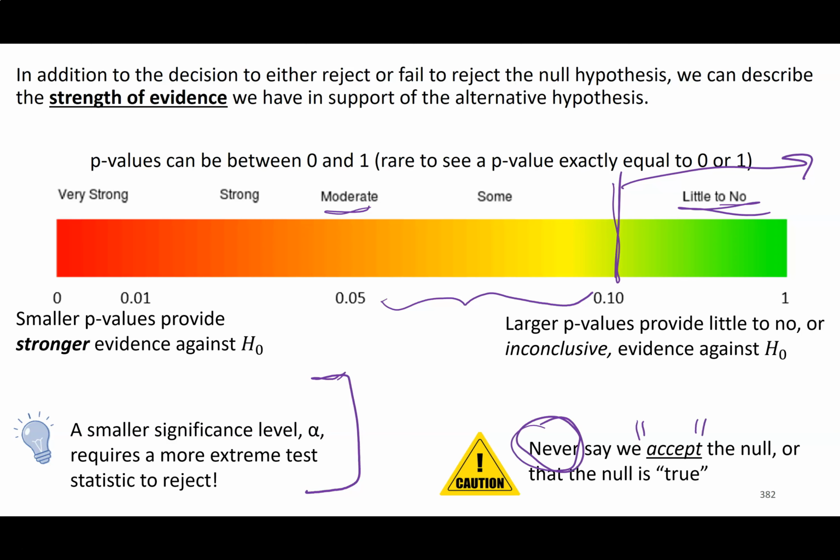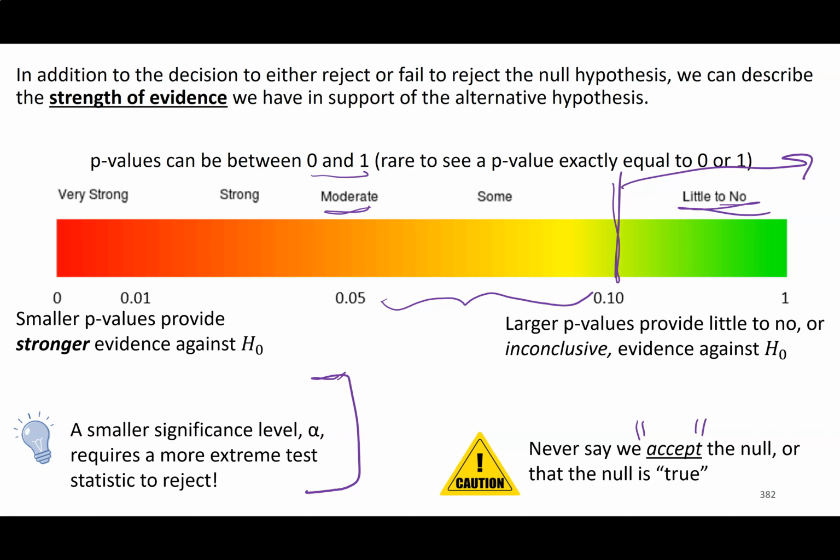Never, never, never. We never say the null is true. We either say, hey, we believe the alternative is true, or we don't have evidence that the alternative is true. We have very peculiar language like that, and a lot of times it leads us to talking in weird double negatives, and I will try and avoid that.